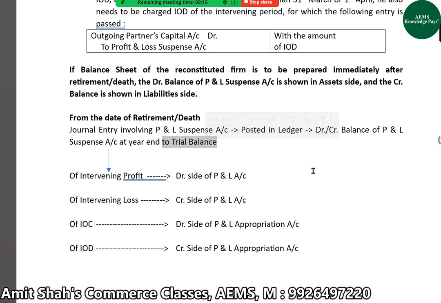So there you know the amount of IOD, IOC and intervening profit or intervening loss, right? So that balance you need to split into intervening profit or intervening loss and IOC and IOD.